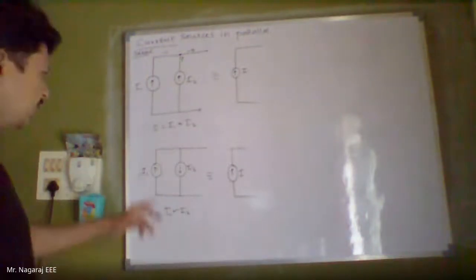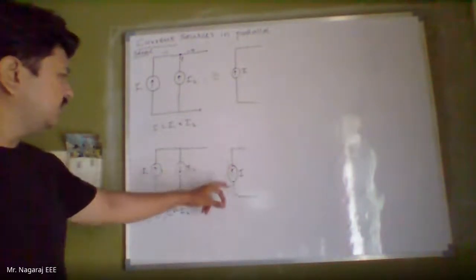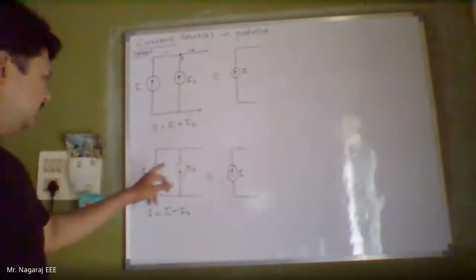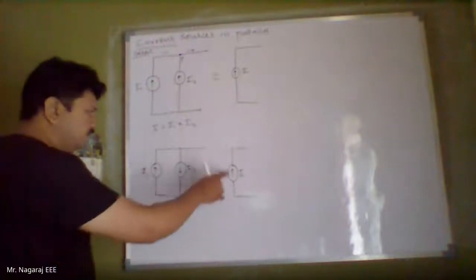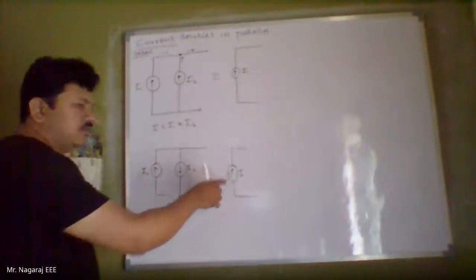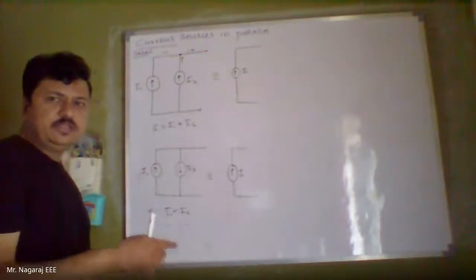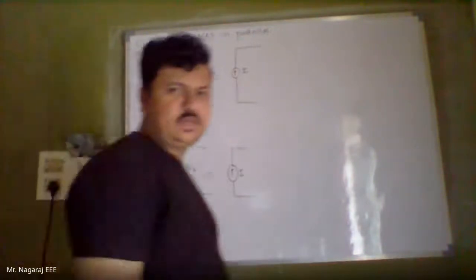If I1 is greater than I2, the direction of the resultant source will be upwards, as that of I1. If I2 is greater than I1, then the direction of the resultant current will be the direction of I2. That we should take.